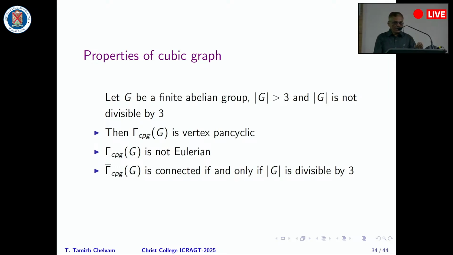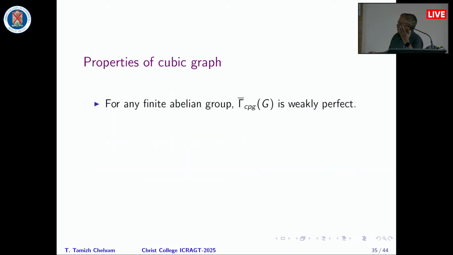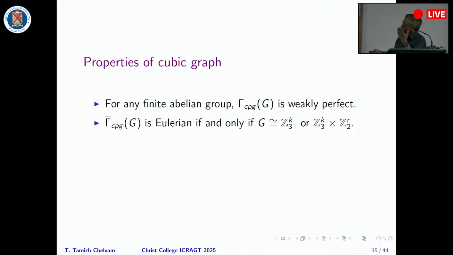The square element graph is connected if and only if the order of G is even, that is divisible by 2. The same thing here, if the order of G is divisible by 3, the complement is connected. And this is weakly perfect. And please note that in the previous case it is never Eulerian, but here are the situations.